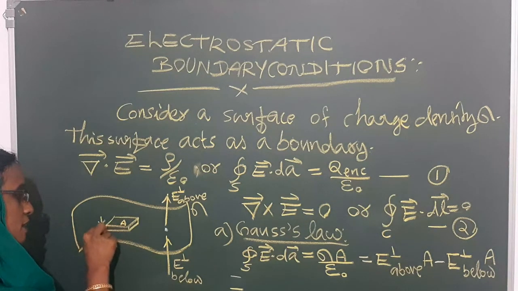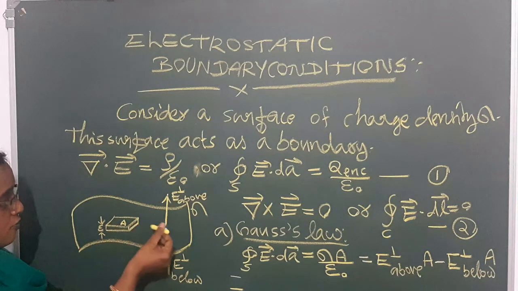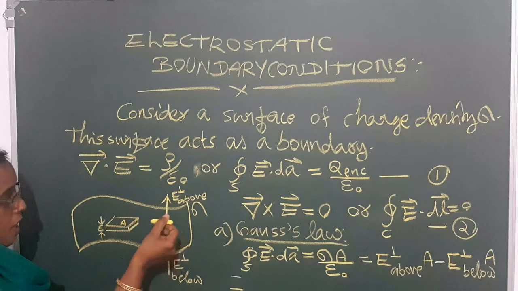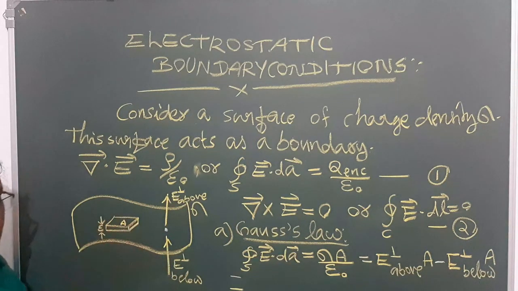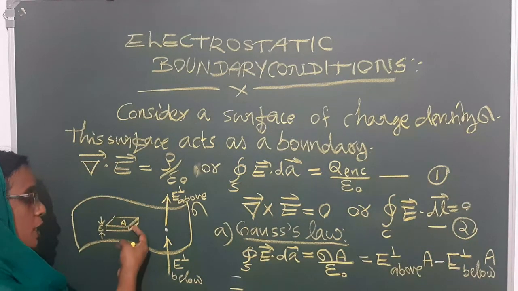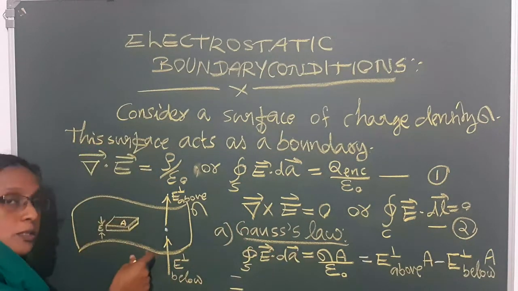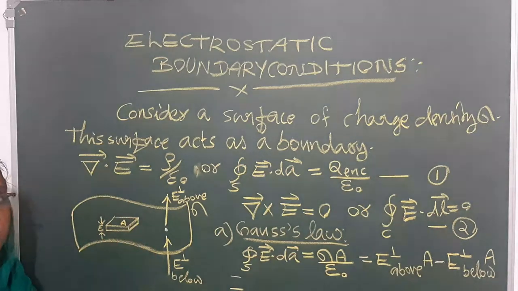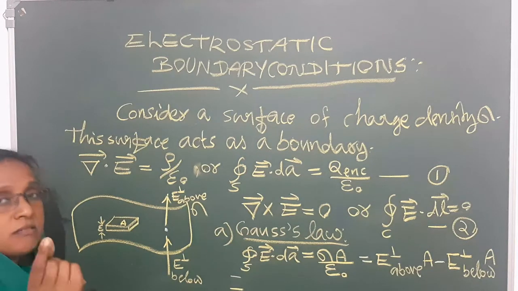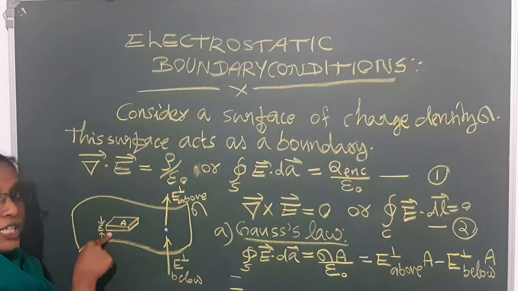For each surface there is an area vector, and you have to take the component of electric field along this area vector. But since this is a very thin boundary, we can treat epsilon as tending to 0.